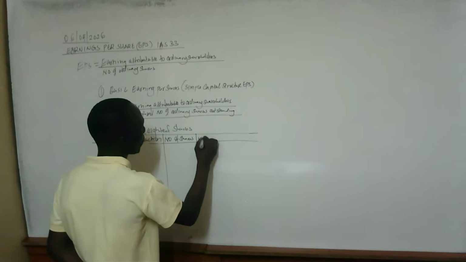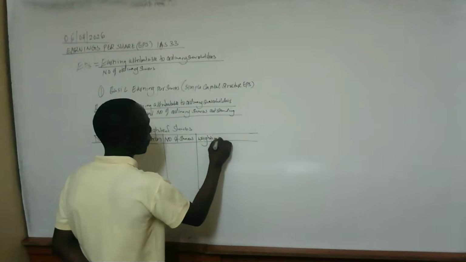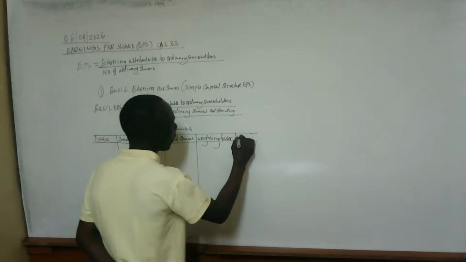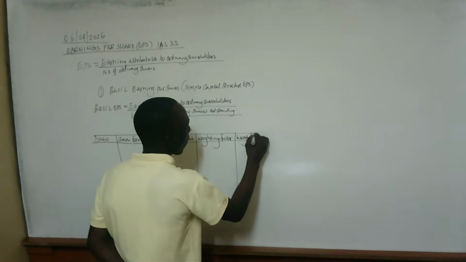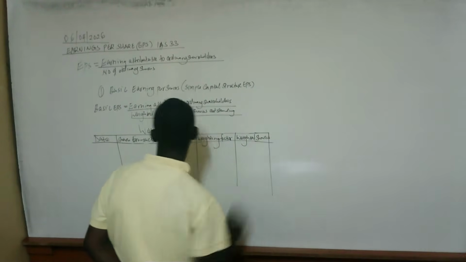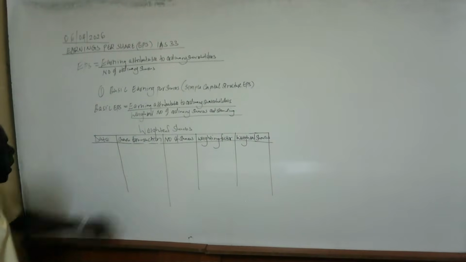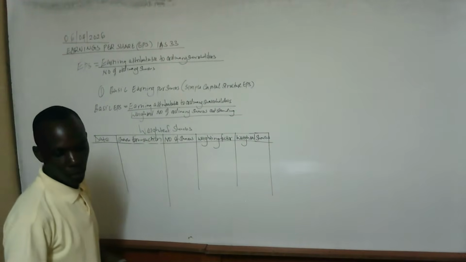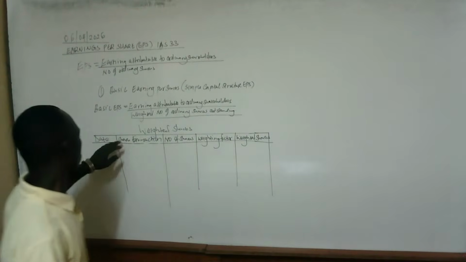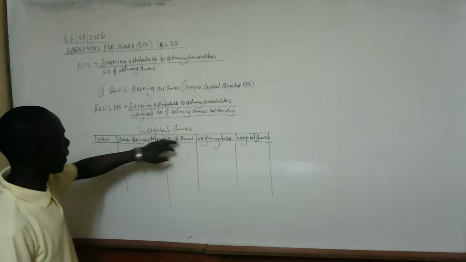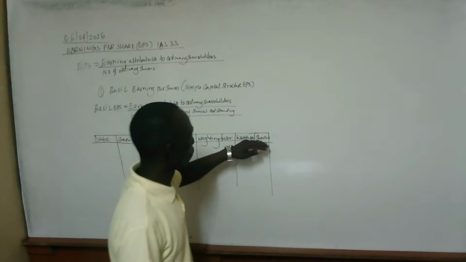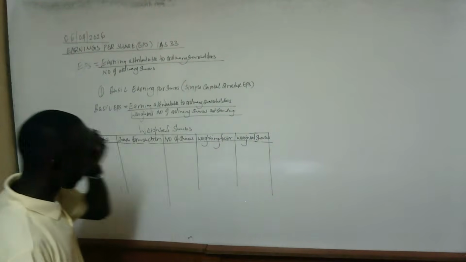Then we have the weighting factor. And then we have the weighted shares. This is how we get the weighted shares: you take the share transaction, number of shares, weighting factor, and then you finally get the weighted shares.